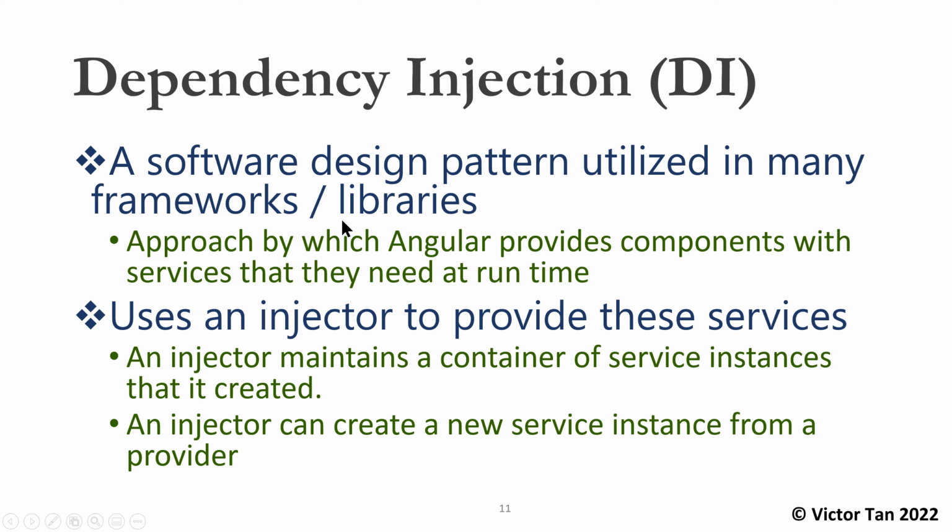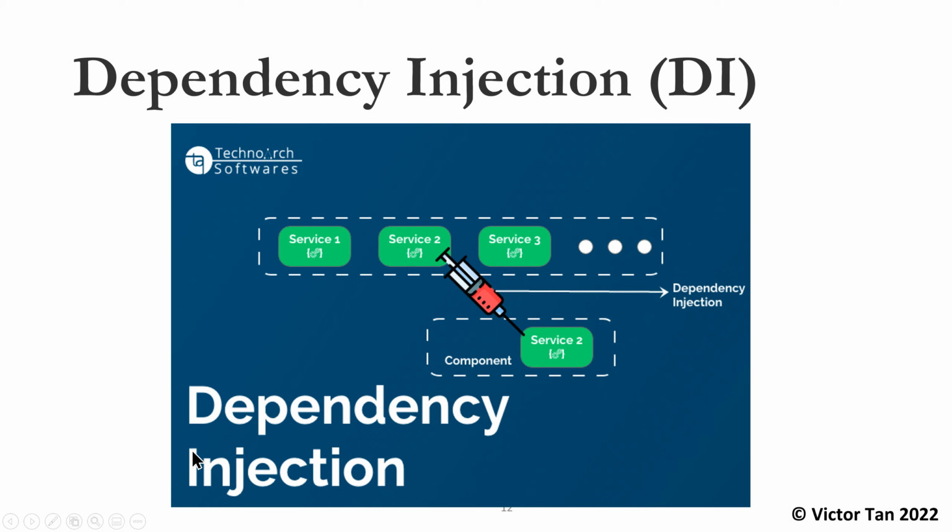So services in Angular are provided through this mechanism called dependency injection, and the injector will provide a new service instance from something called a provider. Okay, so here's an example of this. Of course, we're going to look at this in more detail in the lab sessions.